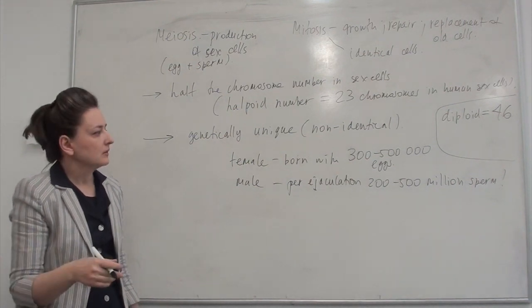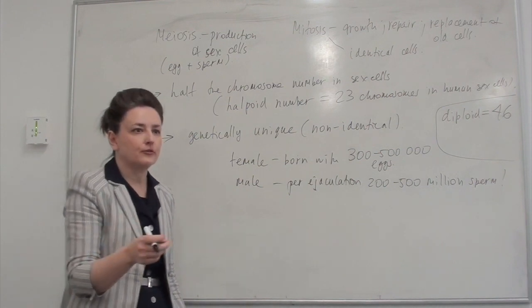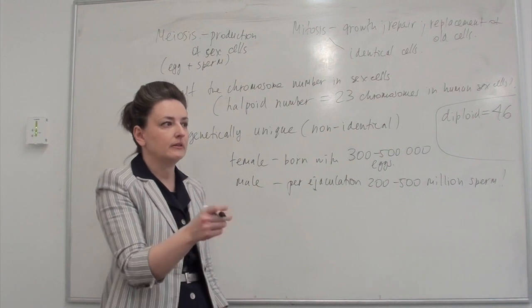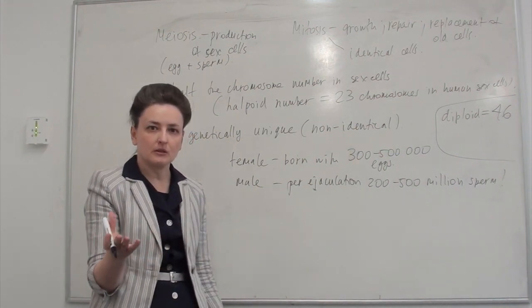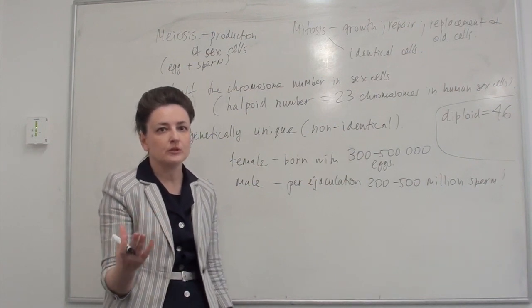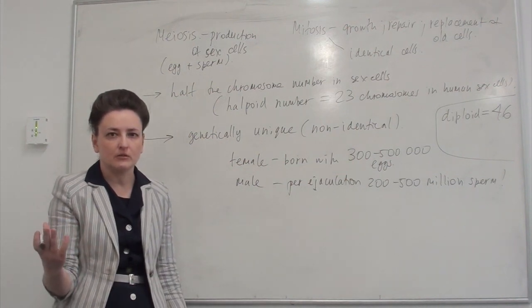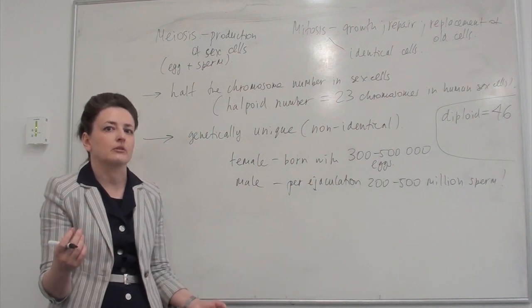And again, every single one is different to the next one, and the next one, and the next one. Isn't that amazing? That kind of mind boggles, doesn't it? That your body has to produce that kind of variety of outcomes where every single sex cell is different.